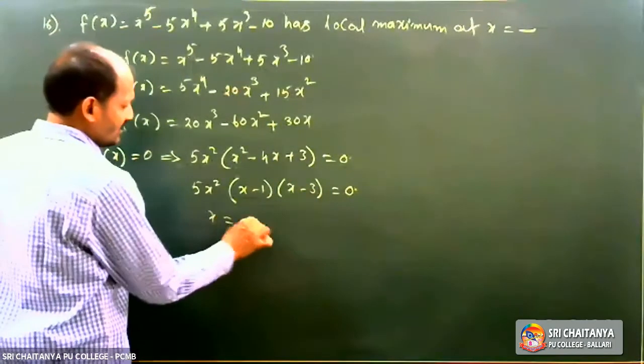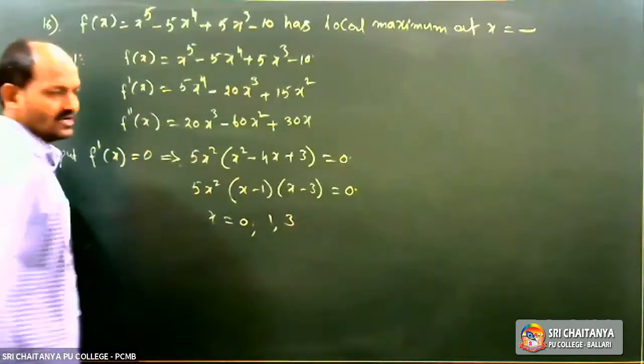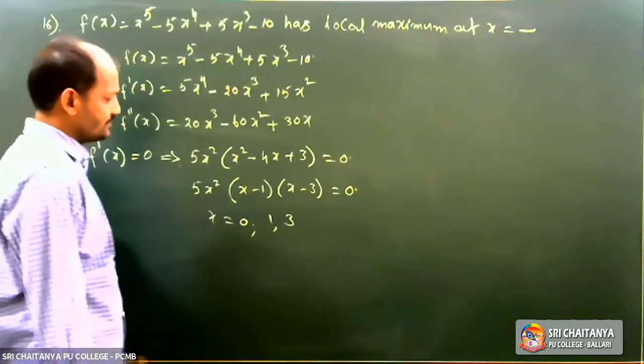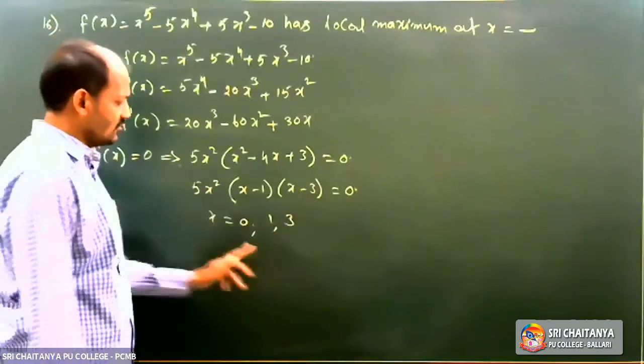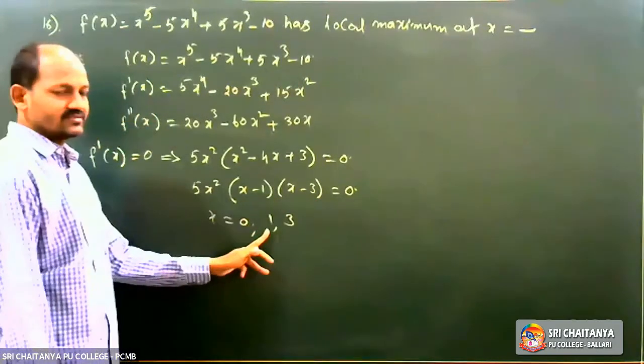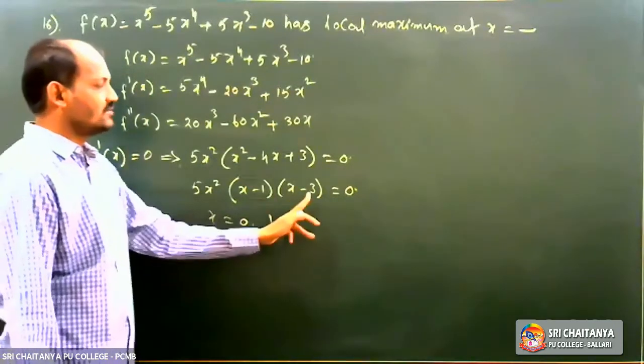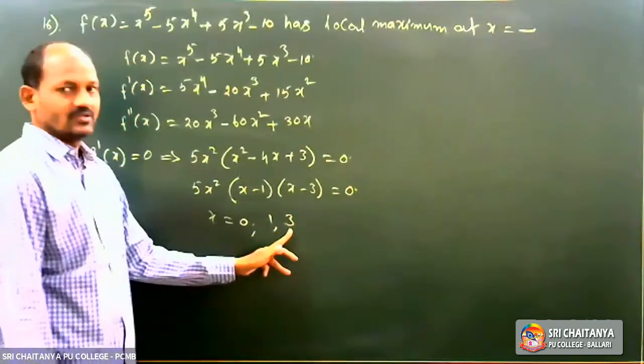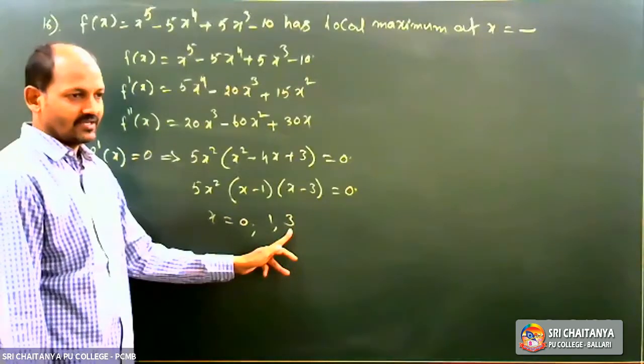The x values are 0, 1 and 3. 5x square equal to 0 gives x equal to 0. X minus 1 equal to 0 gives x equal to 1. X minus 3 equal to 0 gives x equal to 3.